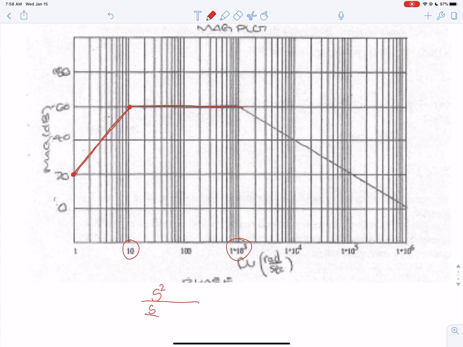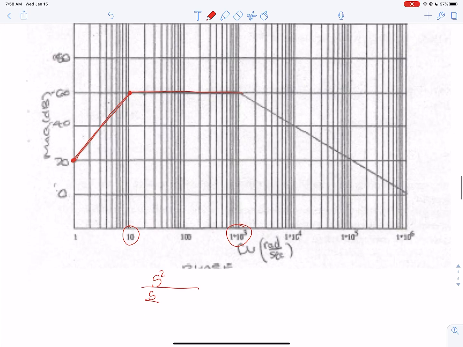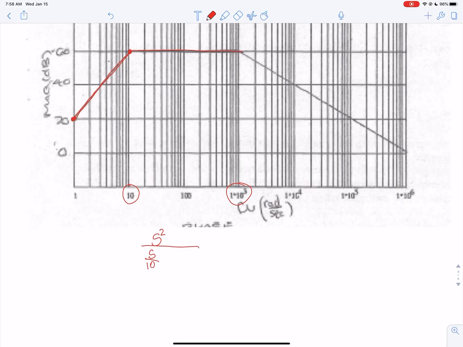So at 10, we have 2 poles. So that's going to be 2 of them. From here to here, we have just a change of 20 dB. And so that change again of a minus is going to be a pole. And so we're going to have 1 pole. And this would be the form for this equation.